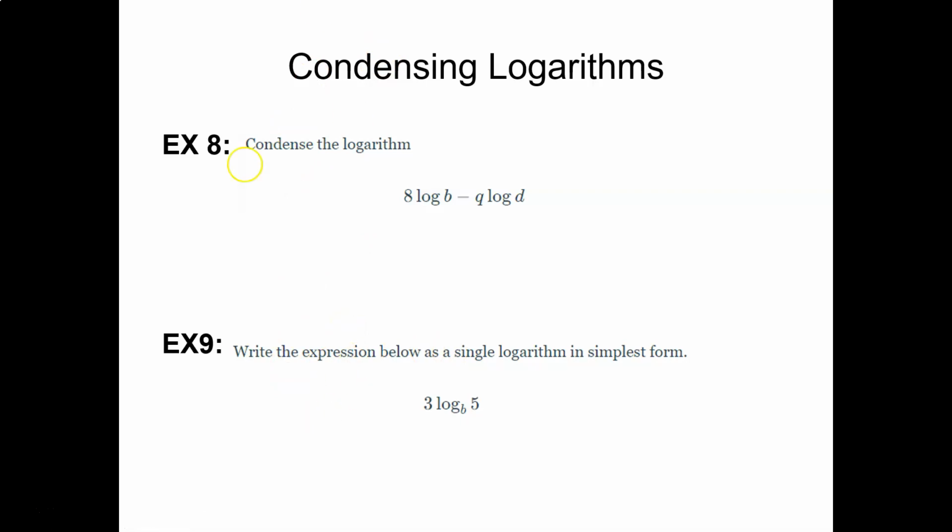So if we're asked to condense one like number 8, we need to pull in anything out front as exponents. Some students don't like it when they do this. They've got letters instead of numbers here, but that just represents a number. So we could write this as log of b to the 8th minus log of d to the q.